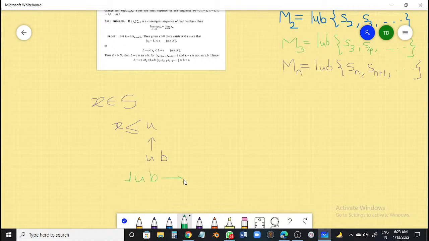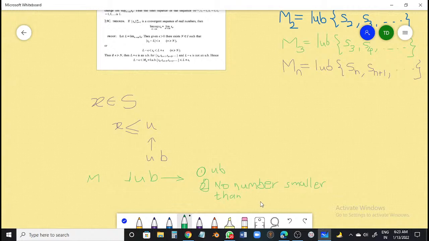Means what? What is the least upper bound? It is basically itself an upper bound. And second thing, no number smaller than it is an upper bound. So which number are we labeling as LUB?